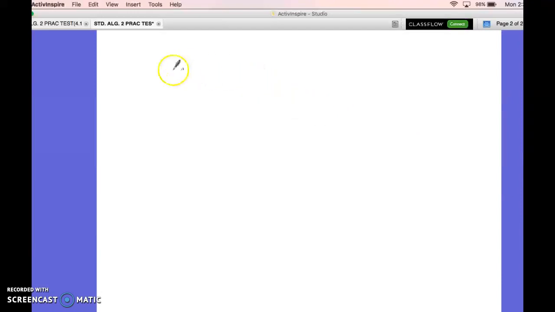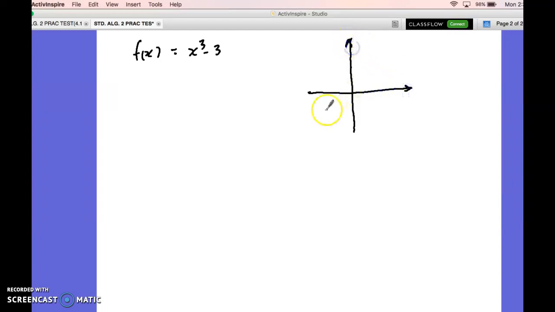I'm going to go to the other page. Here we are given f of x is equal to x cubed minus 3. Let's take a look at what this graph looks like. The parent function f of x equals x cubed would look like this.